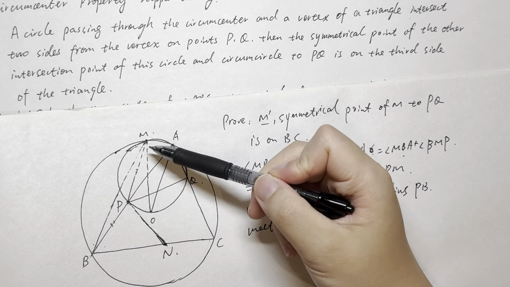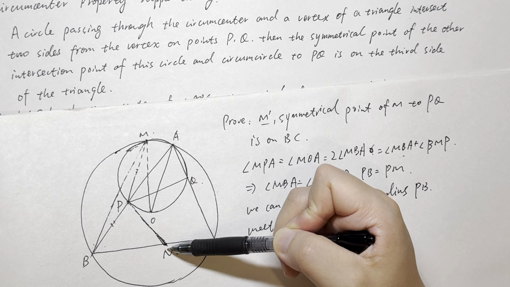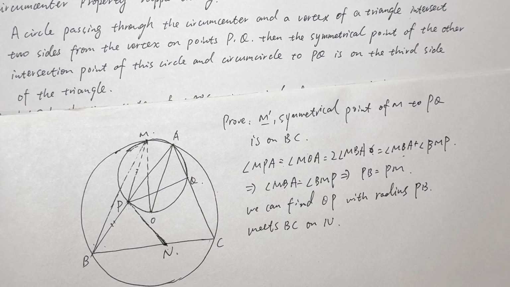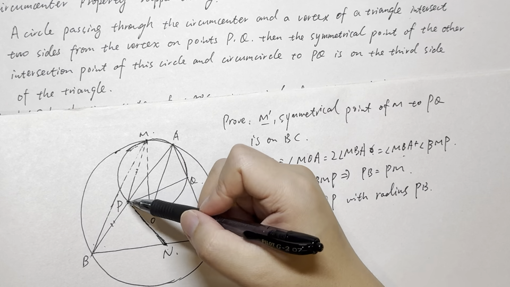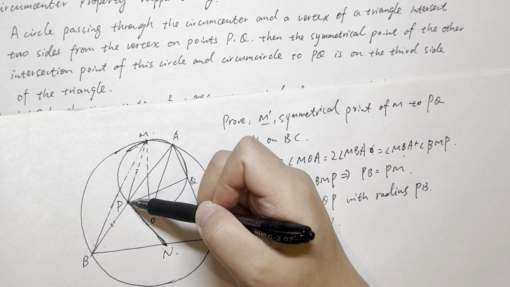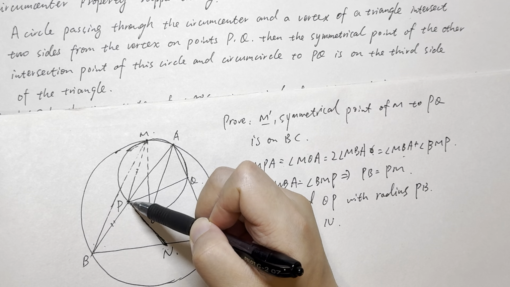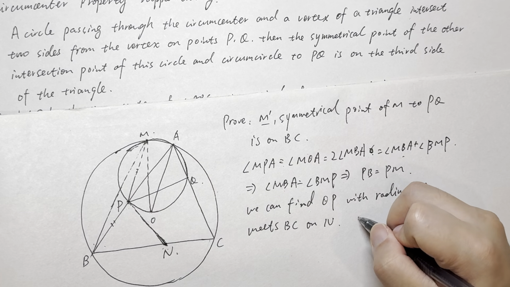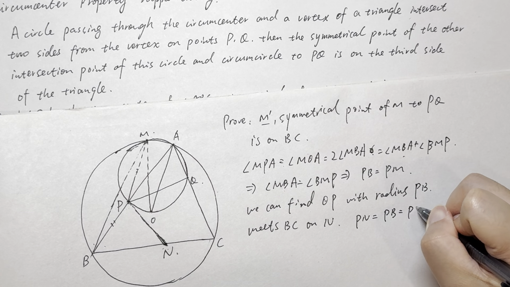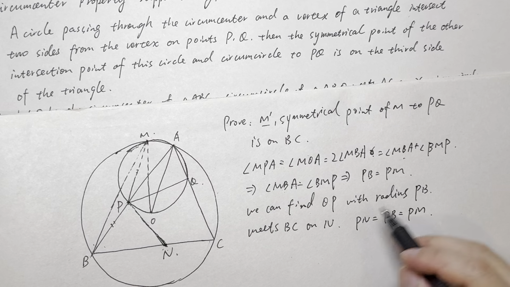Now we want to prove that M and N are symmetrical about PQ. Here we already know, because N is on the circle centered at P with radius PB, that PN equals PB equals PM. Right? We already know that.